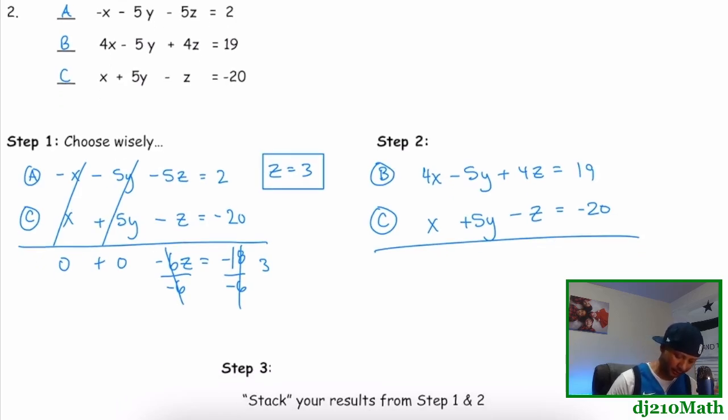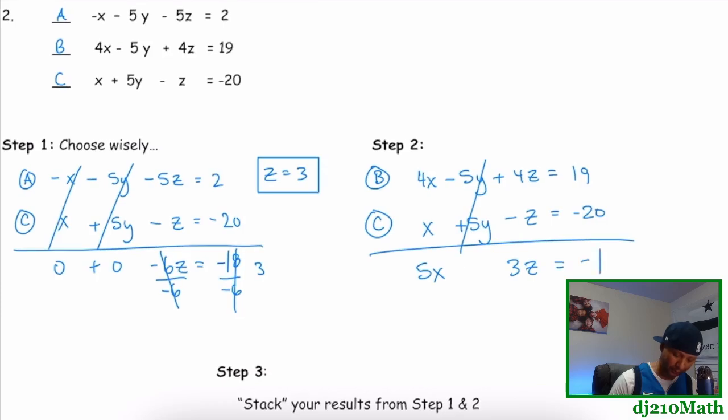So this is going to be 5x. The y's cancel. 4 minus 1 is 3z. And then 19 minus 20 is negative 1. Okay, so here we have 5x plus 3z is equal to negative 1.